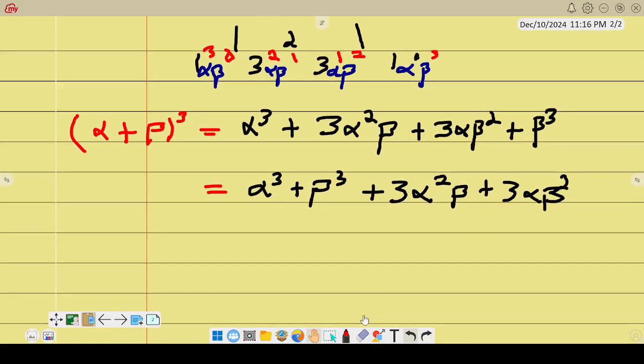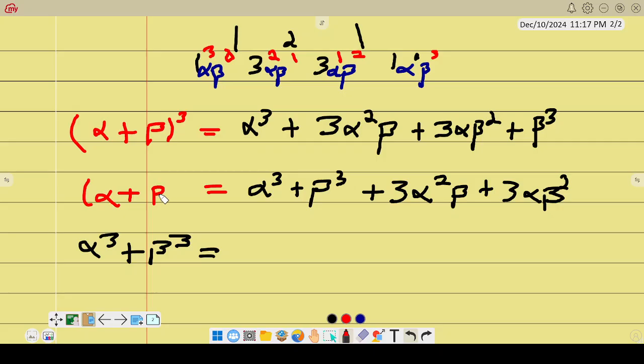So I can take these to go to the other side. Actually that's what will happen. So like here we have alpha cubed plus beta cubed is equal to, here I just forgot to write, we had this.